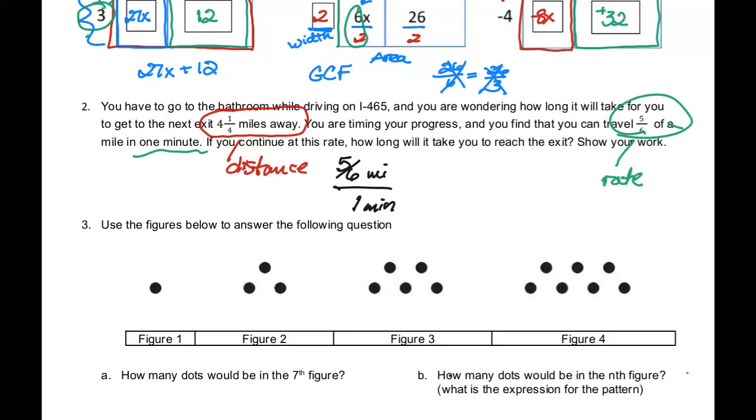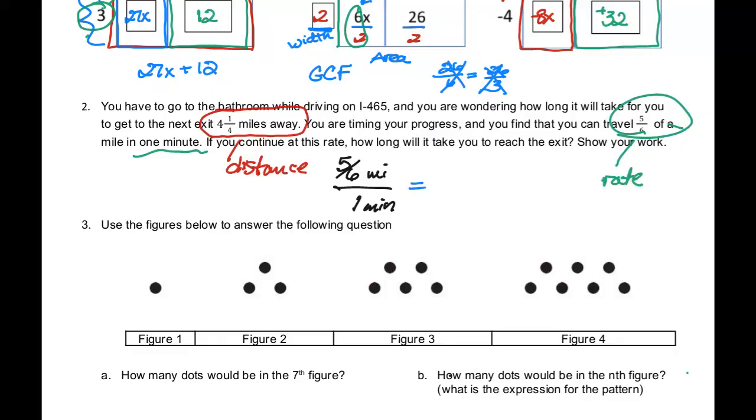They tell me it's going to take me 4 1/4 miles to get to the next exit. Okay. Is that with my miles or is that my minutes? Is 4 1/4 my miles or minutes? Miles.